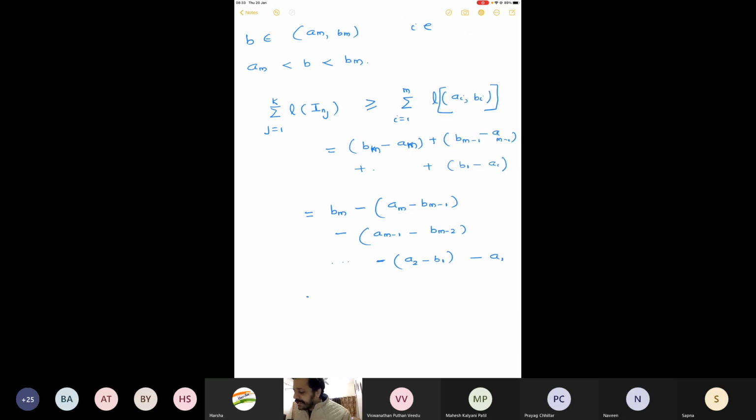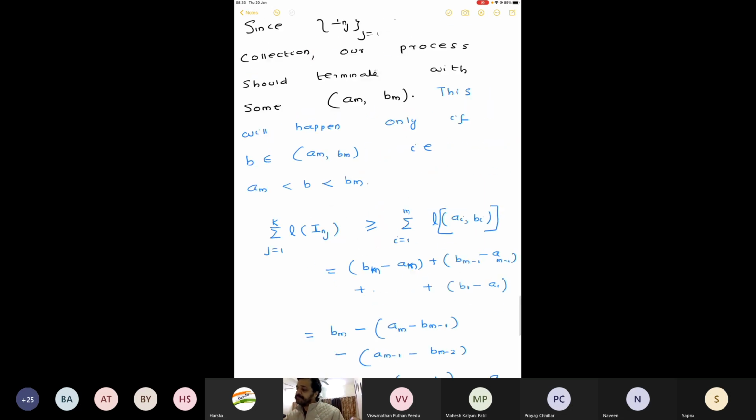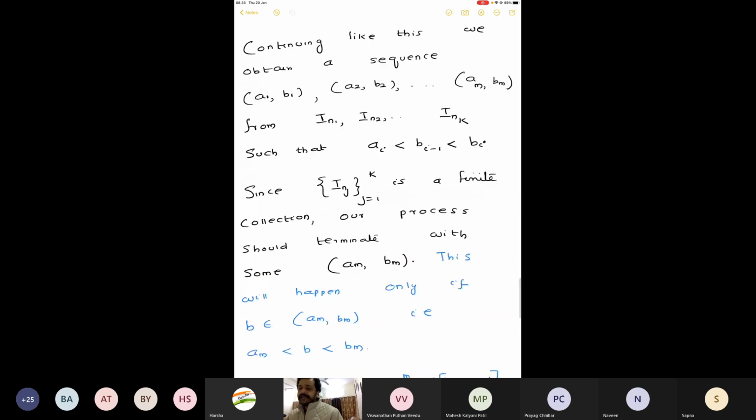Now, can I say this is greater than or equal to bm minus a1? Please see the relation between the Ais and Bis. Ai is less than Bi minus 1 is less than Bi. This you have in your hand.